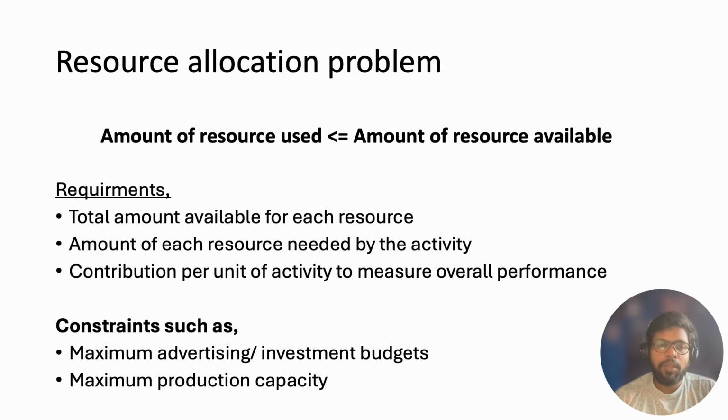Examples of these problems are maximizing the profit by having max limits on the number of resources available at a factory or a warehouse, or capital budgeting in financial markets to get the maximum net present value on investments. Here, the data requirements are the total amount of resources available for each activity, the amount of resource required by an activity, and the contribution per unit of activity to measure the overall performance.